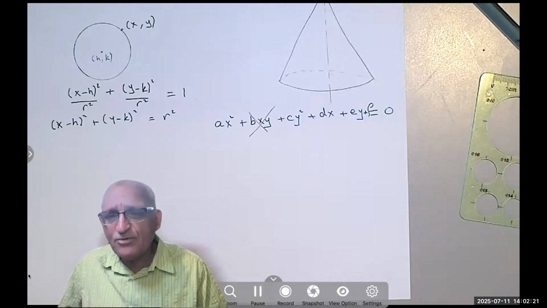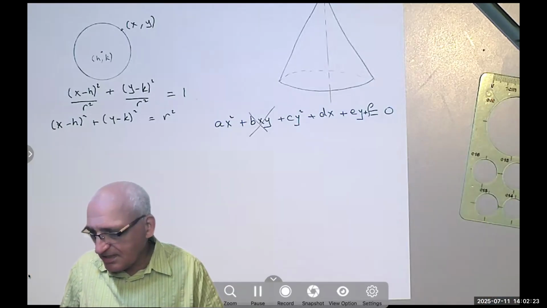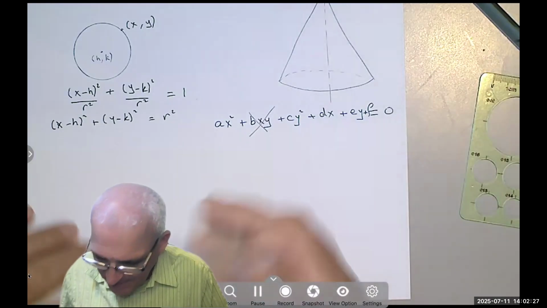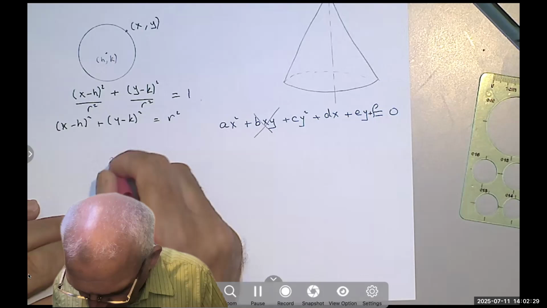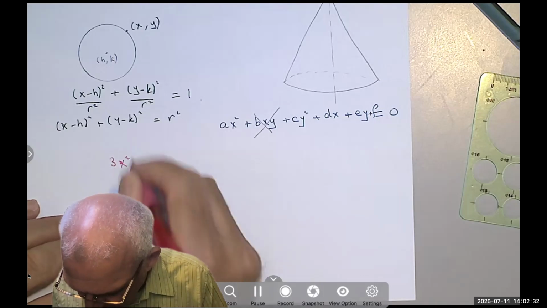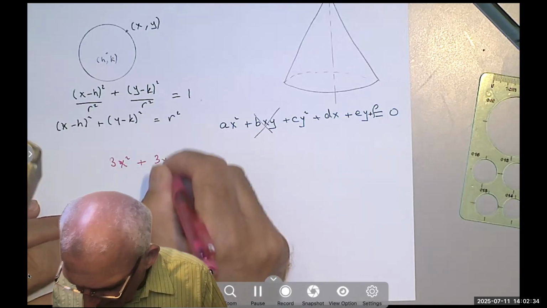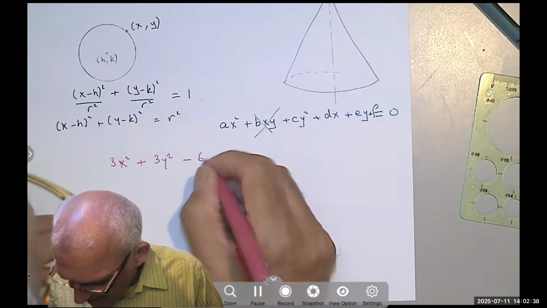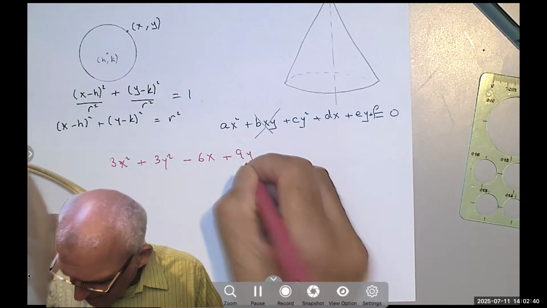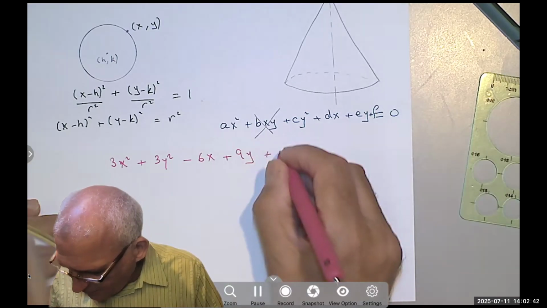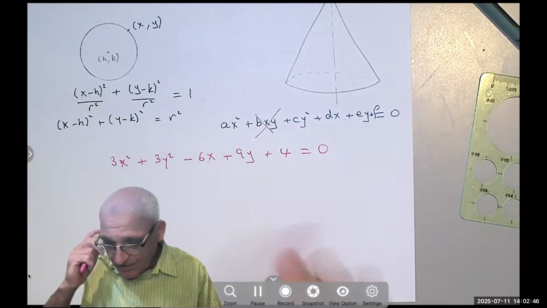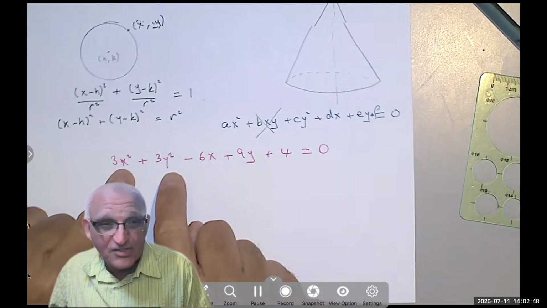Okay, so maybe we can write an equation, for example, 3x squared plus 3y squared minus 6x plus 9y plus 4 equals 0, something like that. So the first thing I look at, do I have both x squared and y squared?